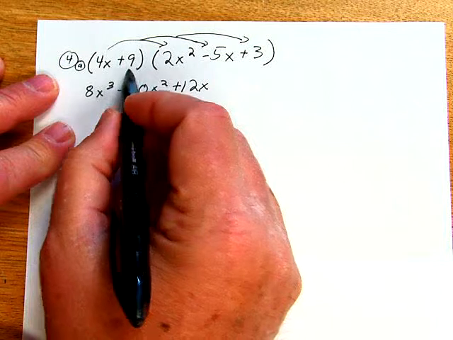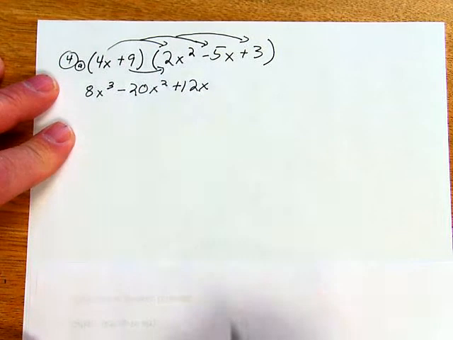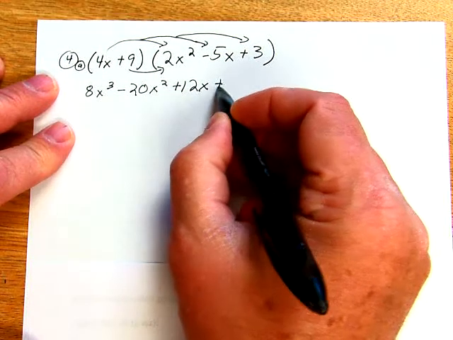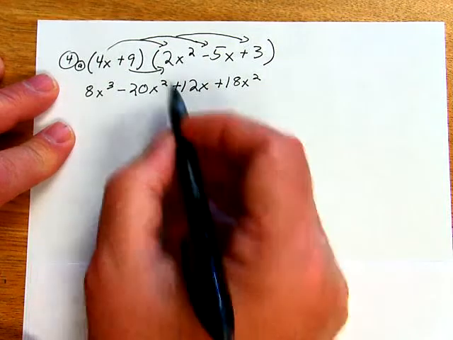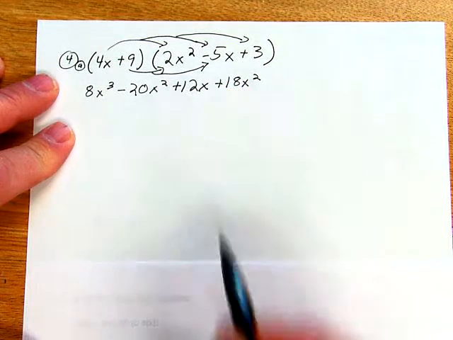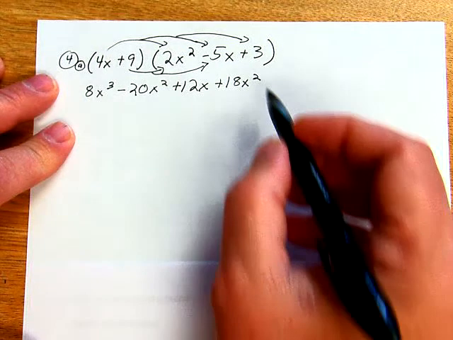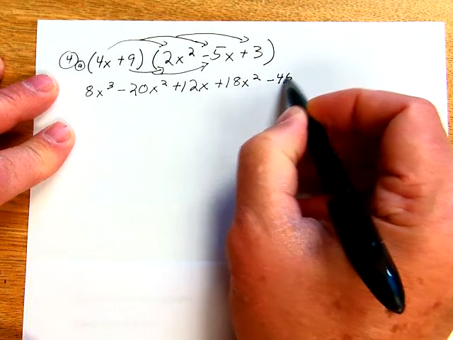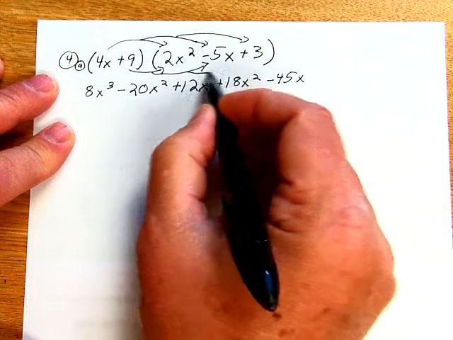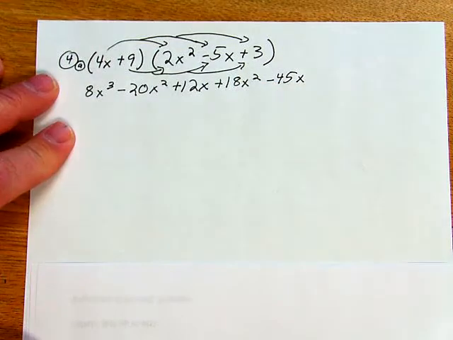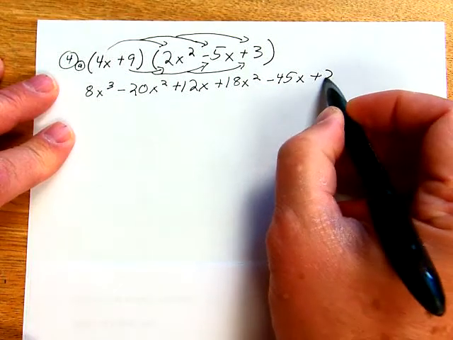Now I'm going to do the second term. 9 times 2x squared, 18x squared. Carry the arrow to the next term. 9 times negative 5x is negative 45x. And finally, carry that arrow all the way over to the 3. 9 times 3 is 27.